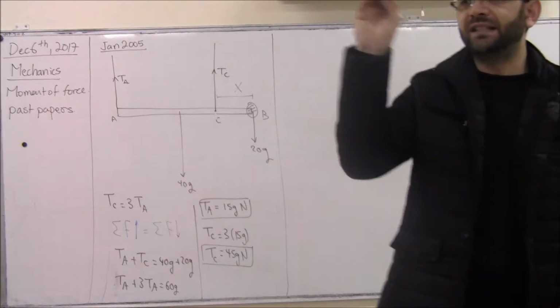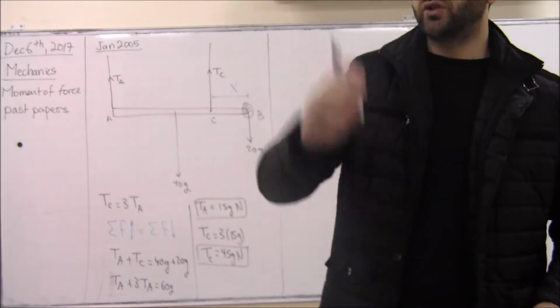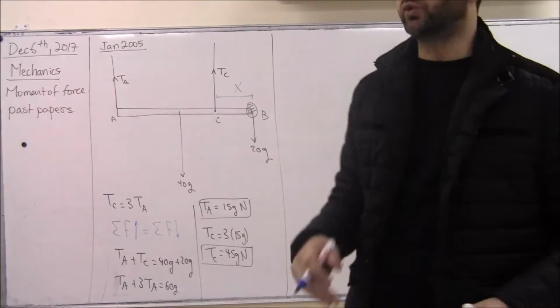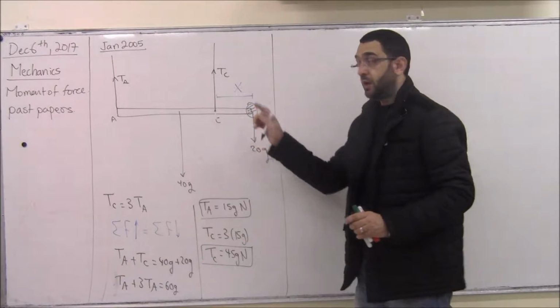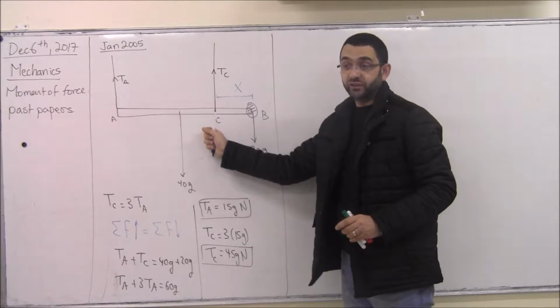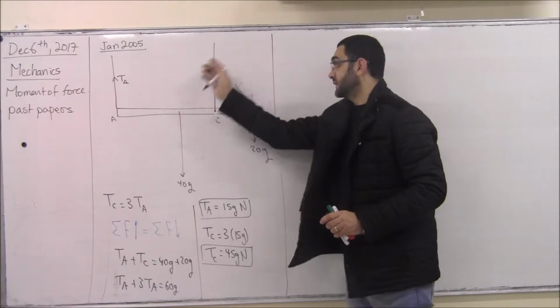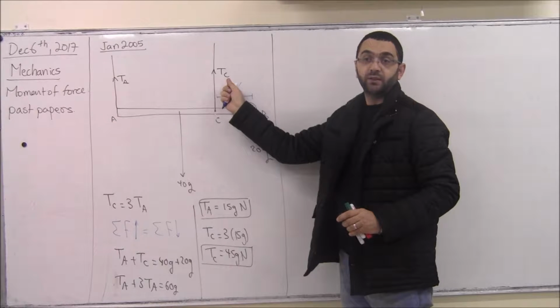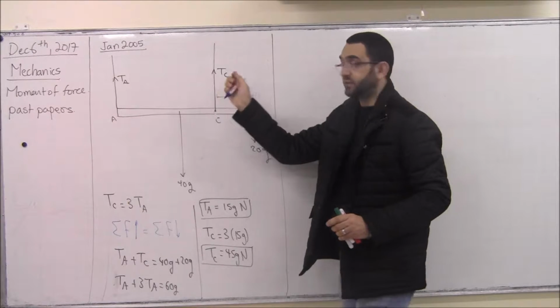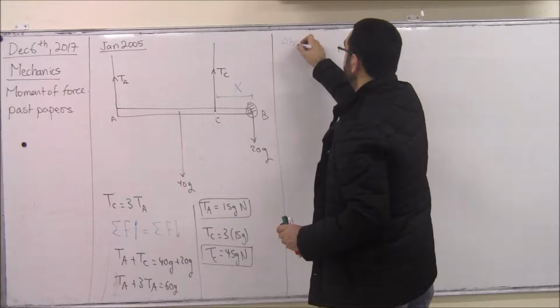Sometimes we have to be very selective about the point the moments should be taken about. Any question? I will take again about C, so directly I will get the distance CB, which is x.